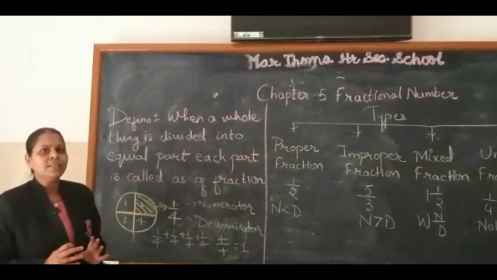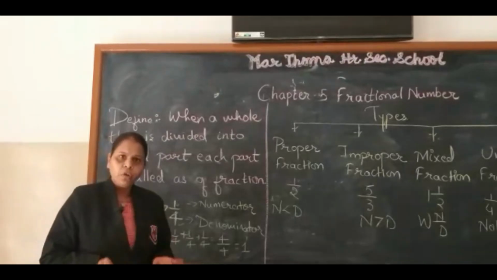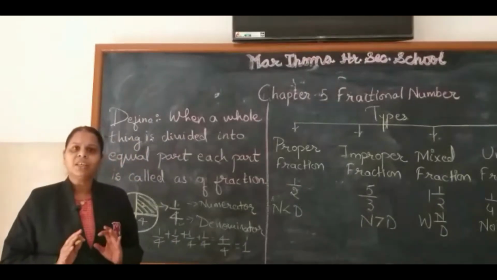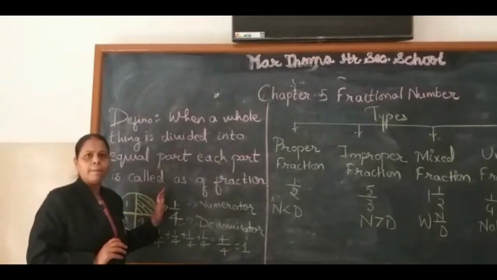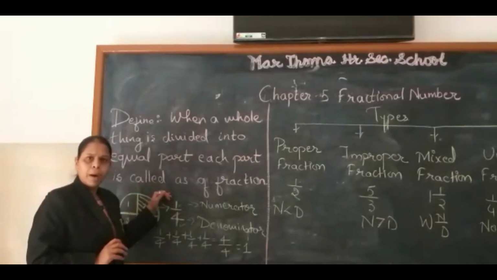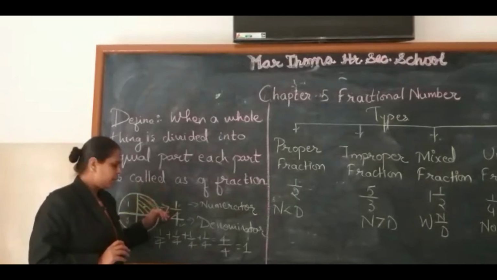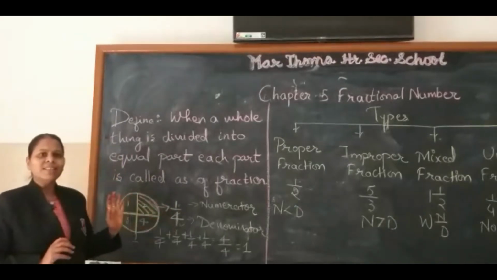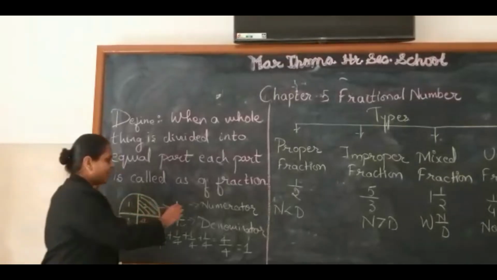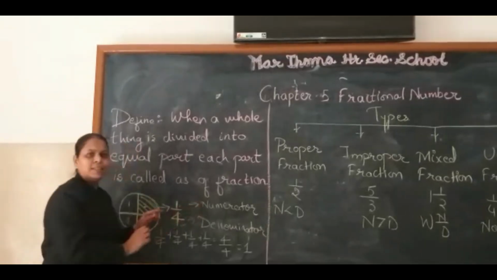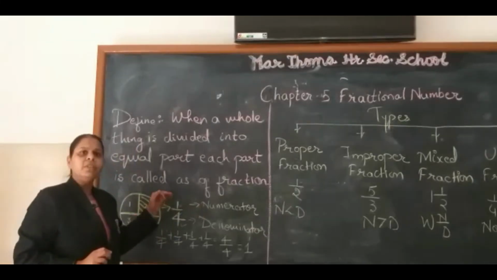Now let us understand how a fraction is formed. You can see here that a fraction has 2 numbers. One number is above the line and the other number is below the line. So a fraction consists of 2 things. The first is the numerator, which is the number above the line.